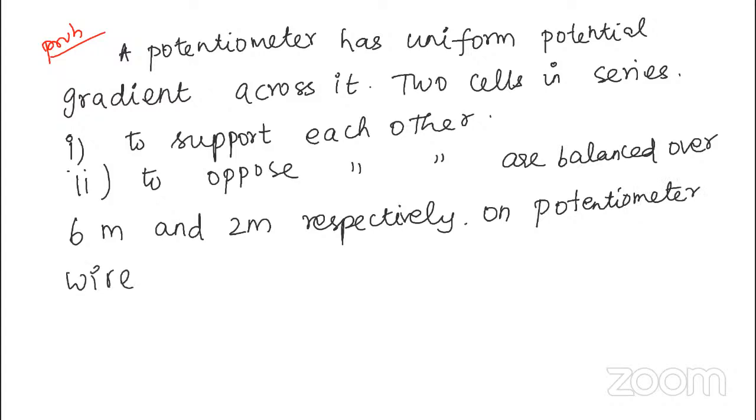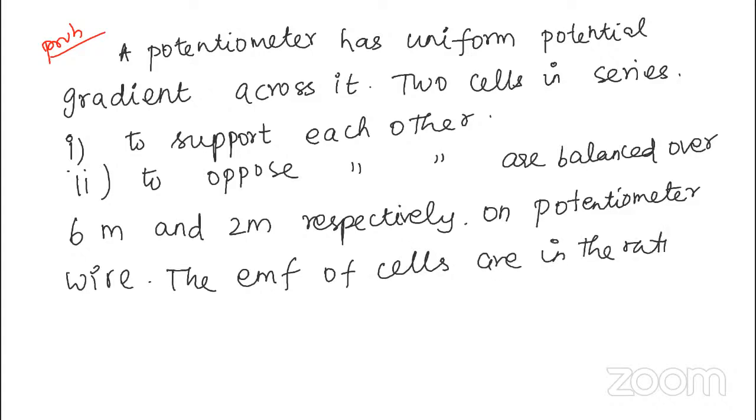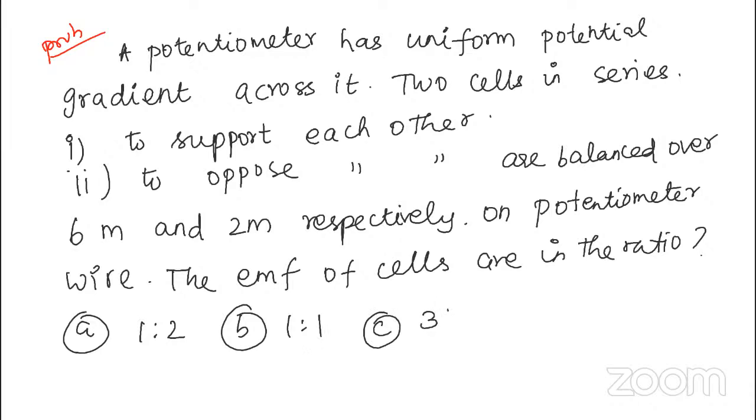Then the EMF of the cells are in the ratio: A is equal to 1:2, B is equal to 1:1, C it is 3:1 and D it is 2:1. Okay. So look here.